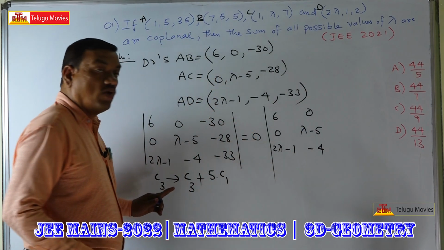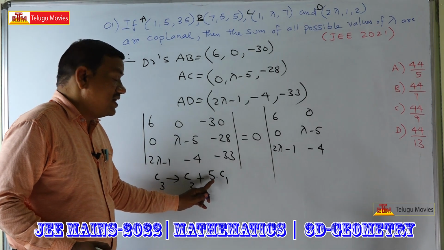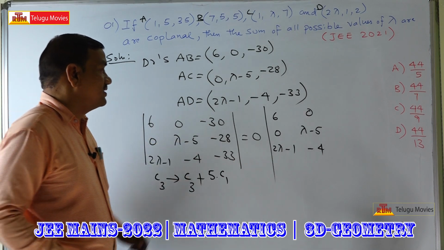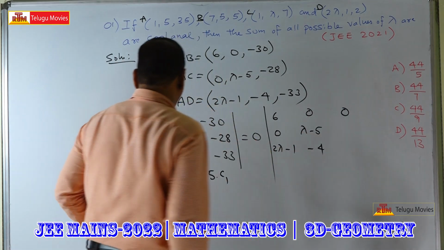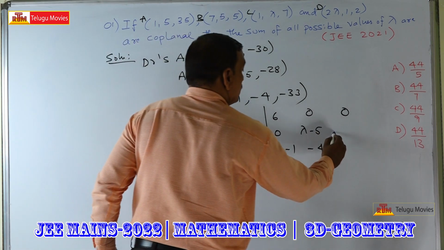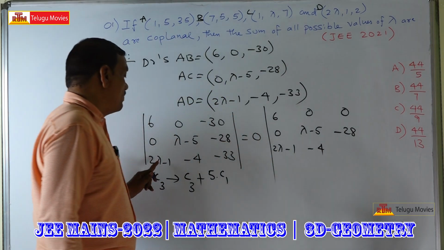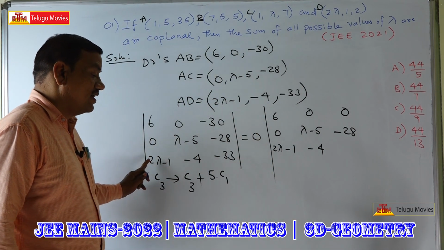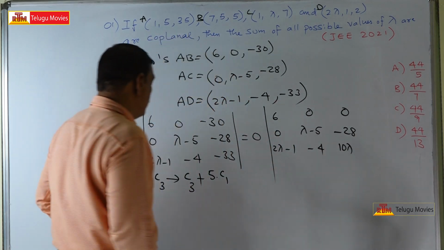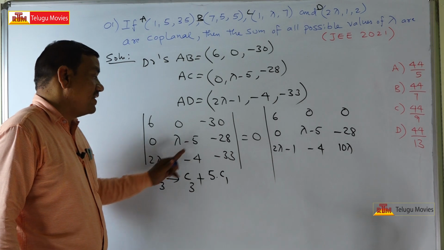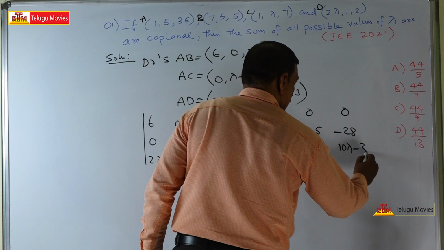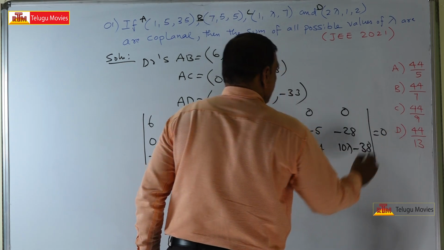Now the third column: multiply the first column with 5. 5 sixes are 30, 30 minus 30, 0. 5 zeros are 0, minus 28. 5 twos are 10, 10 lambda, minus 5, minus 5 minus 33, so minus 38, is equal to 0.